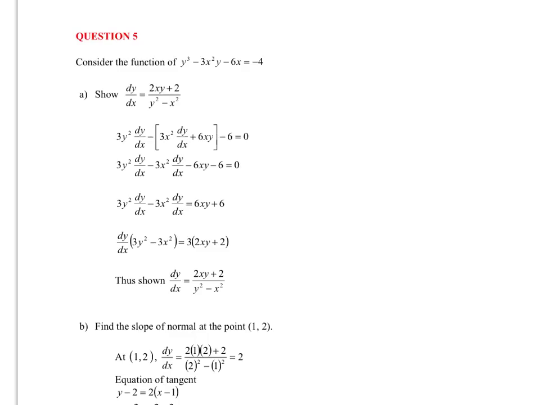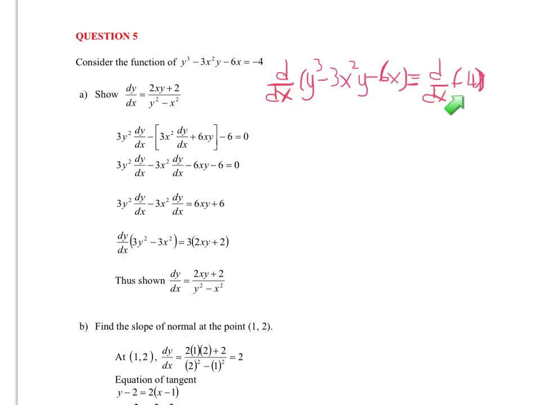So here, clearly you're given an implicit function. What you do then is to actually d/dx both sides, and because it's implicit, you have to be careful of the differentiation. Okay, small x.